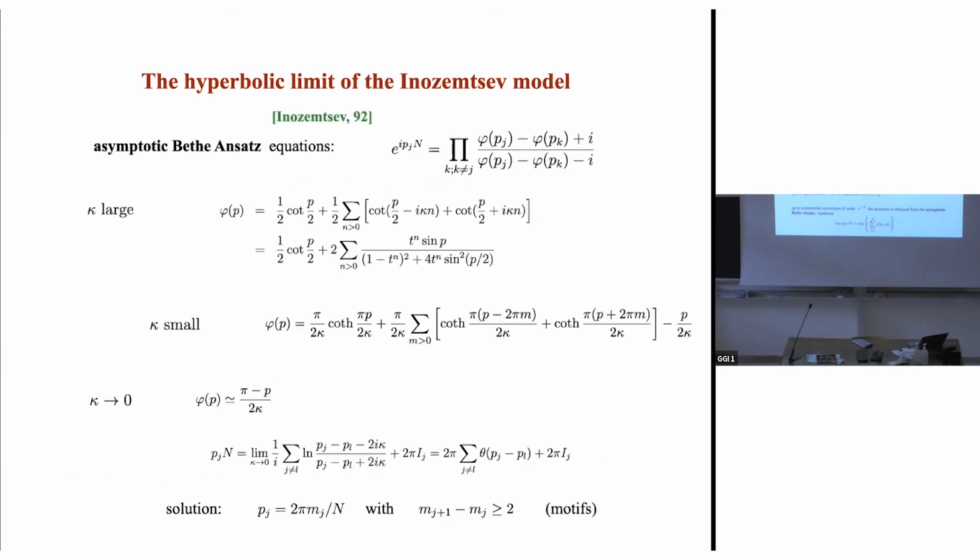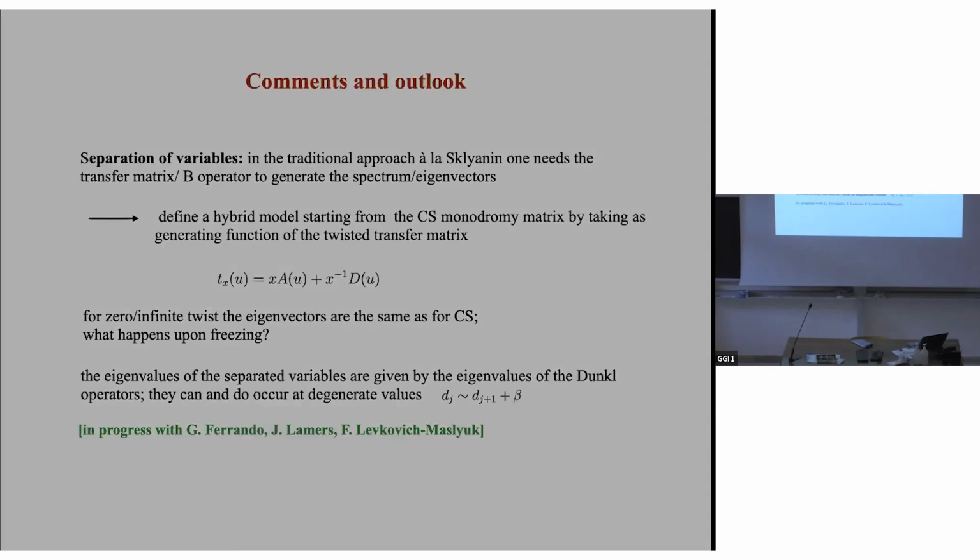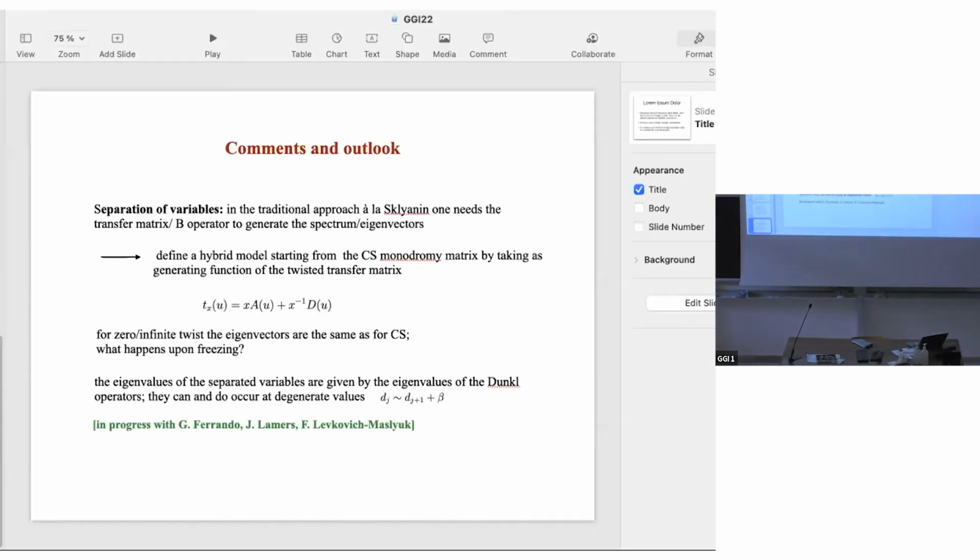So this is why we were trying to define this hybrid model, which will have something like a Bethe ansatz construction. What it does is it takes all these degenerate eigenfunctions in a multiplet and mixes them, so it splits them. So you'll have some kind of Bethe ansatz inside each of these multiplets.